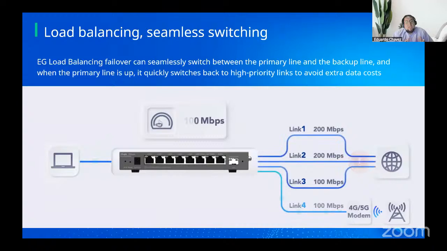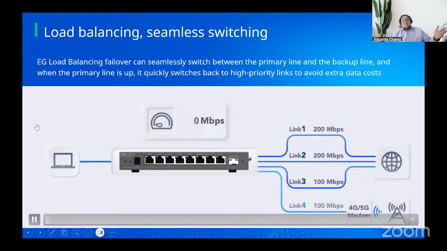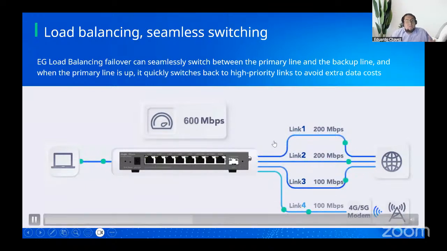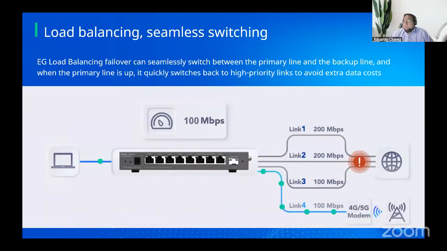Maybe we can configure link 3 or link 4 for redundancy, or we can also have redundancy like internet service provided by a wireless connection. So we can add the 4 of them for a total throughput of 600 megabits per second. Or, if you prefer, we can just have one link, and the other one will be the redundancy link. This is the way we normally have the connections.